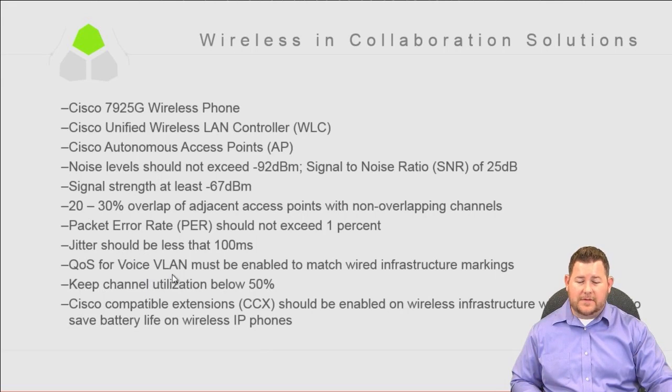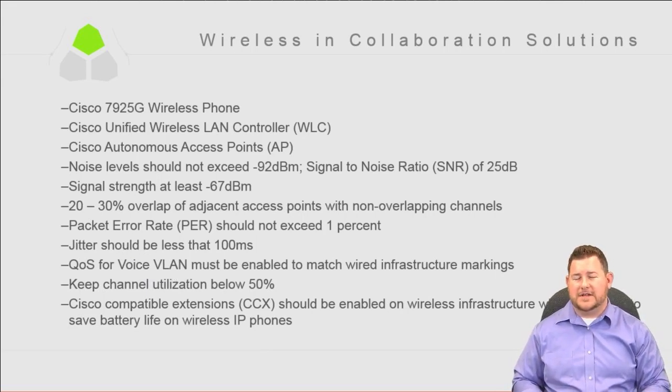QoS for voice VLAN must be enabled to match the wired infrastructure settings. This almost goes without saying. DSCP EF is the common value for voice QoS, and we'll talk about all that later, what that means. But for right now, just know that for voice traffic, DSCP EF is going to be your common value.